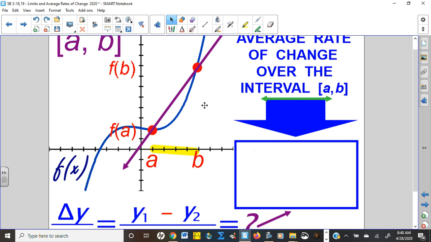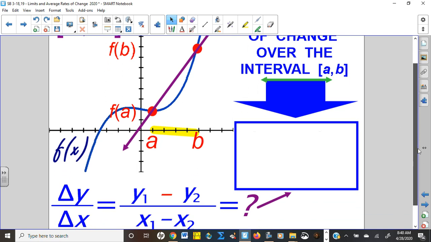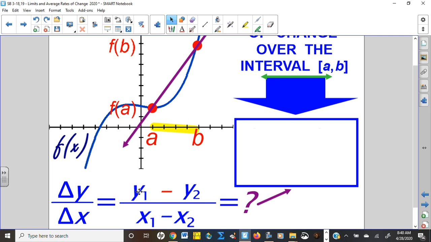So the average of all of the rates of change in between is really just the slope of that line. And so if I come down here and make some slight adjustments to our y minus y over x minus x formula, we get what we'll call the average rate of change formula.